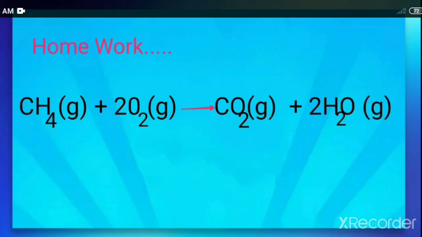In the same way you have to define this equation, and also mention which one is the reactant and which one is the product, and show that the mass of the reactant is equal to the mass of the product. That means prove the law of conservation of mass in this equation. Do this work in your notebook and send it into the assignment area.